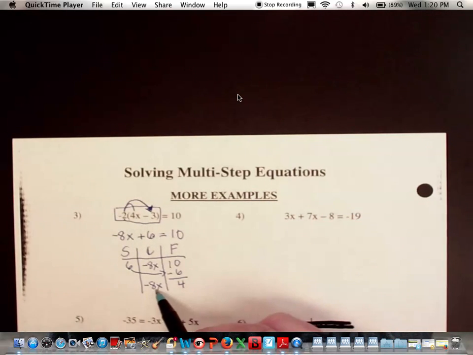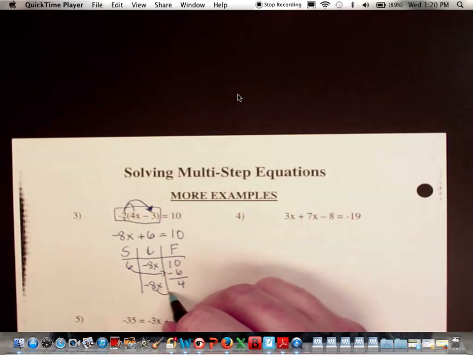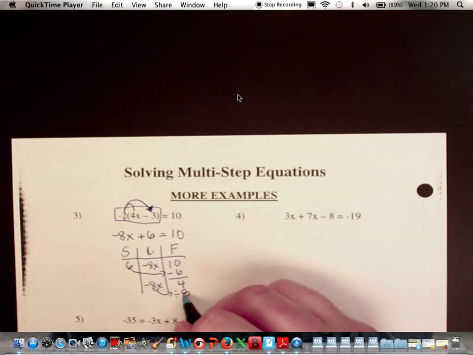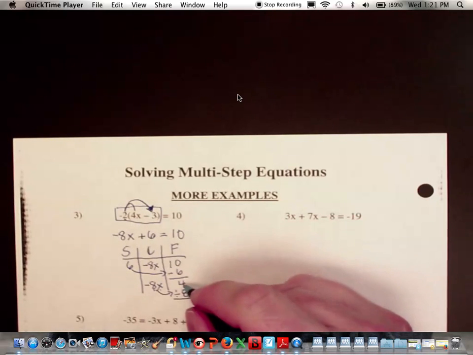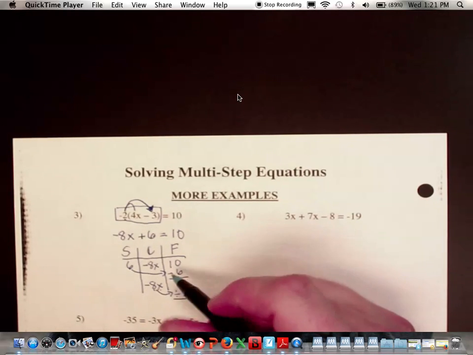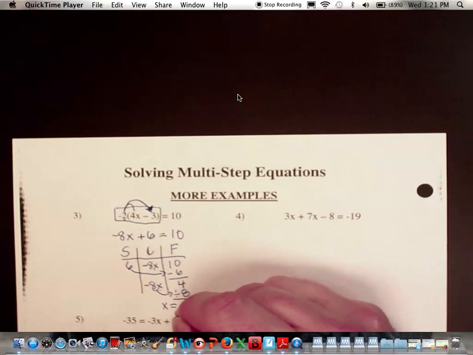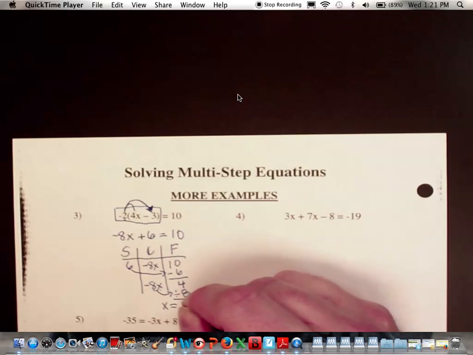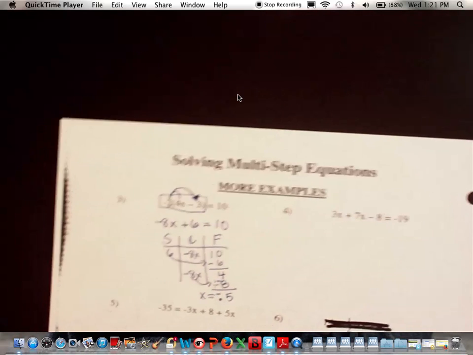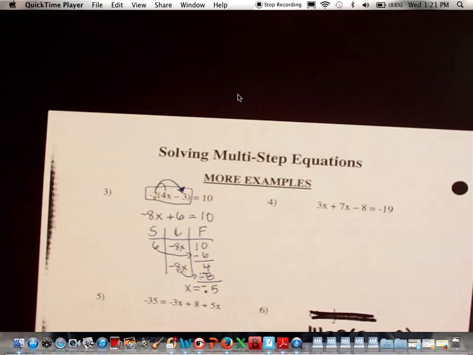And then negative 8x is times, so the opposite of times is divide. I do the inverse. So 4 divided by 8, not 8 divided by 4. 4 divided by 8 is going to tell me my x is equal to 0.5. It would be negative 0.5. Okay, so I've got my answer there.